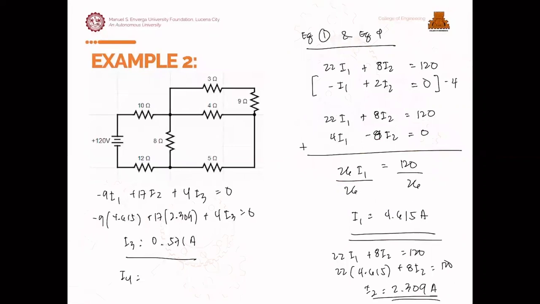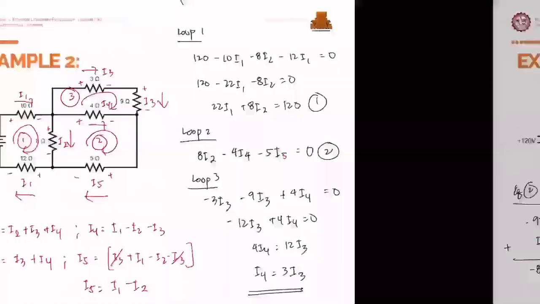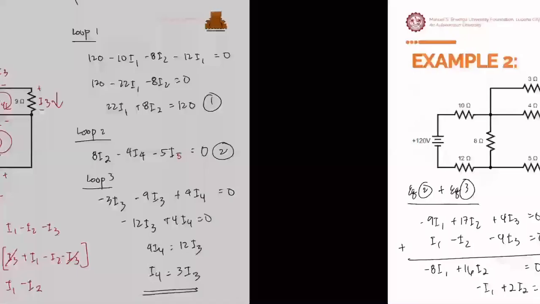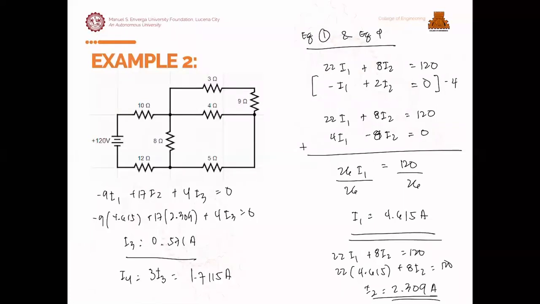is dun sa relationship na nakuha natin na I4 is equals to 3 times I3. Okay? So times lang natin ng 3. So times 3, we have 1.7115 amperes. Okay? Yung I5 natin is just I1 minus I2.